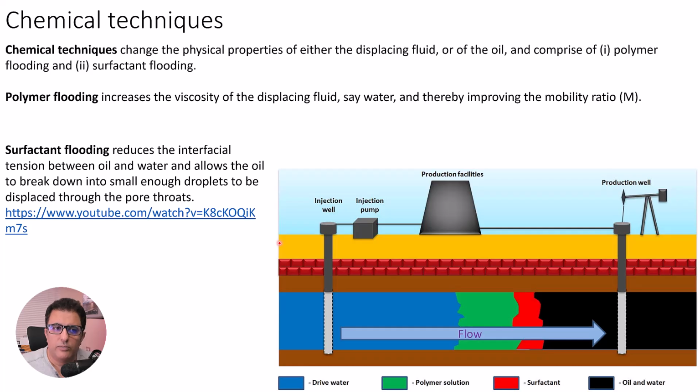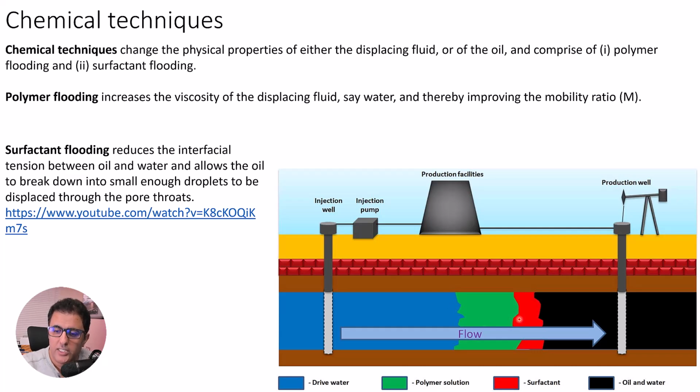Usually, when we talk about chemical techniques, it is possible that we use polymer flooding and also surfactant flooding at the same time. What you see here is that in the beginning, a slug of surfactant is injected into the reservoir, indicated by the red color. After that, a slug of polymer is injected. Polymer is very expensive. We cannot inject a huge volume of polymer into the reservoir, because polymer may be more expensive than the oil itself.